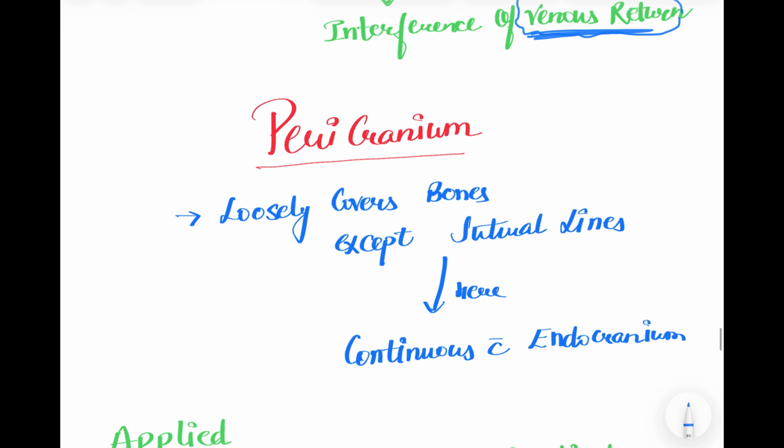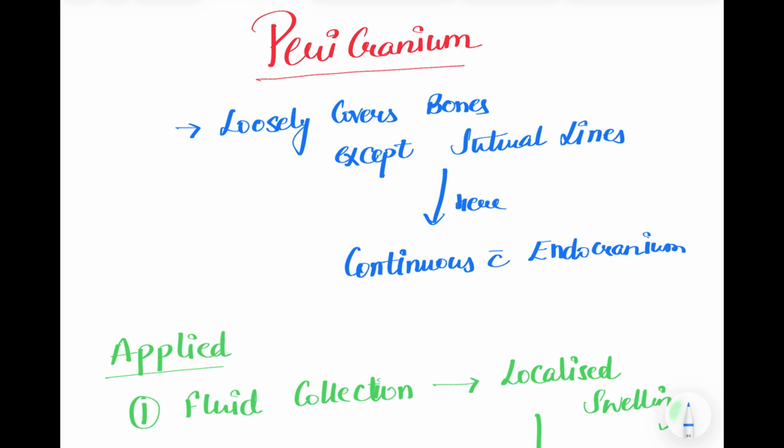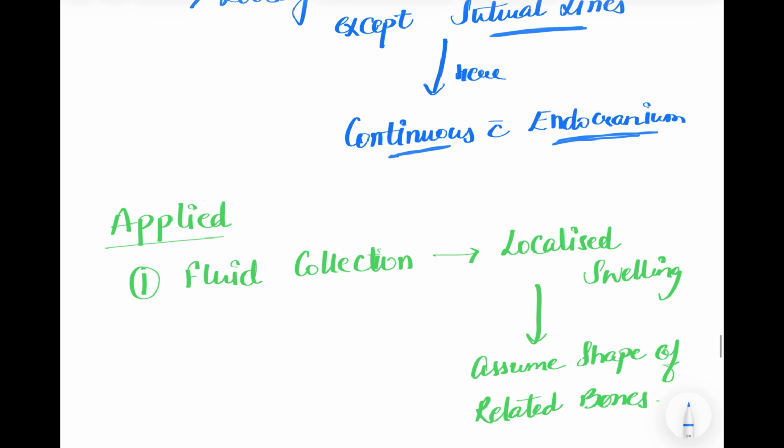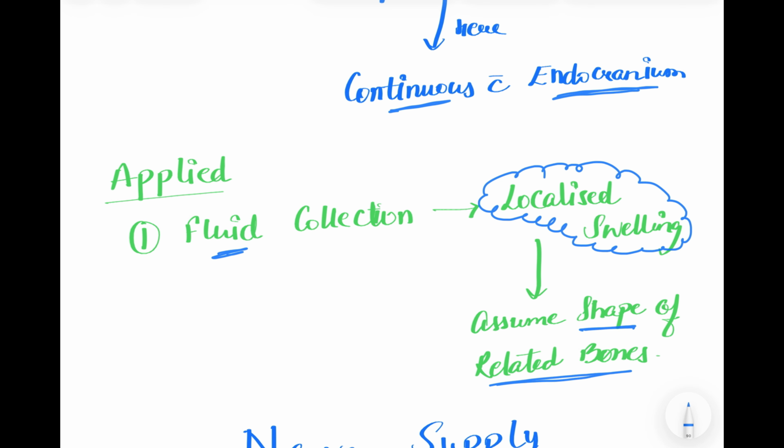Now talking of our last layer, the pericranium. It loosely covers the bones and is not present at the suture line, where it is continuous with the inner layer, the endocranium. As for the applied aspect, whenever there is any fluid collection, it presents with a localized swelling that takes the shape of the bone to which it is related.